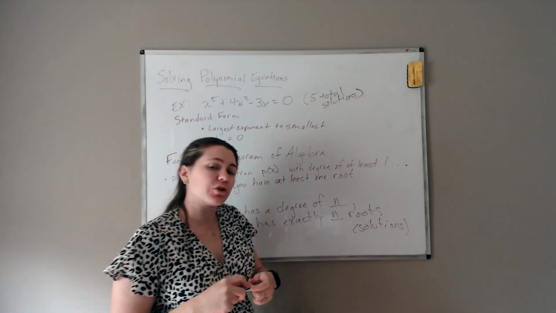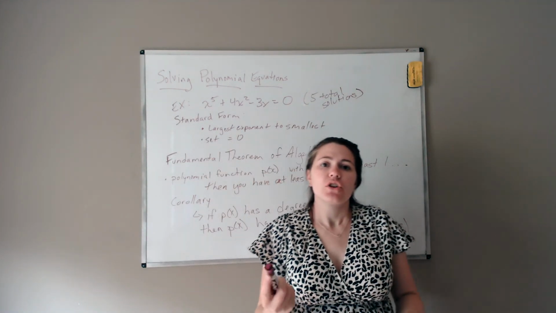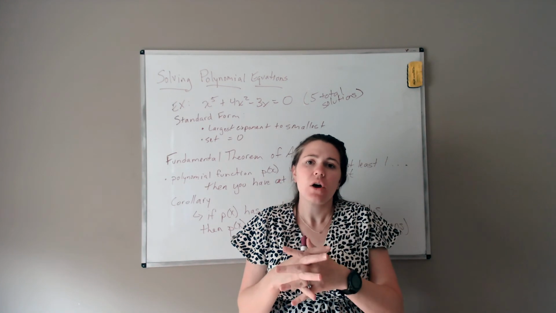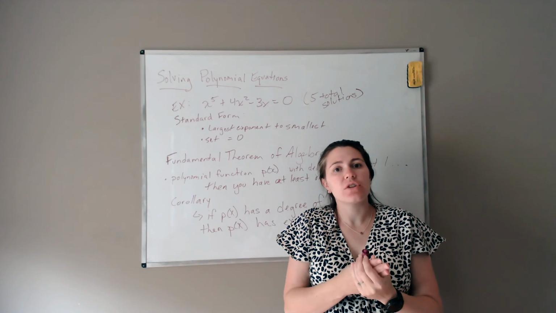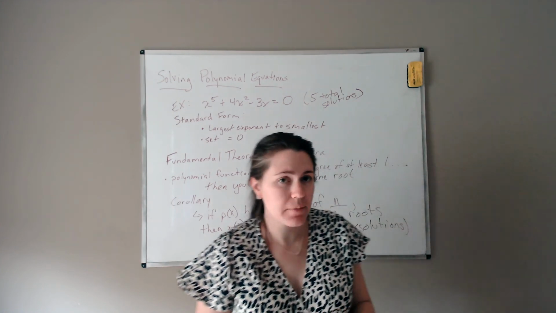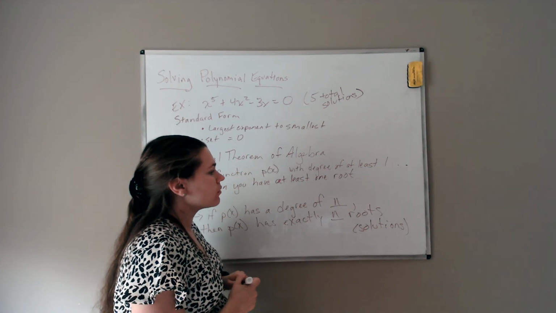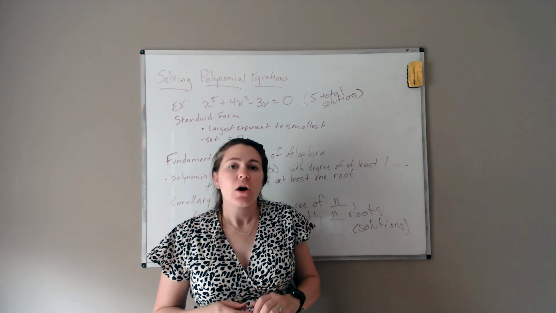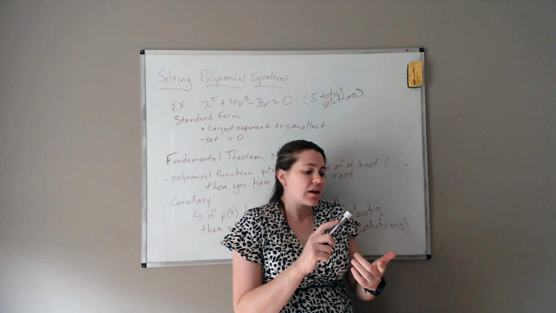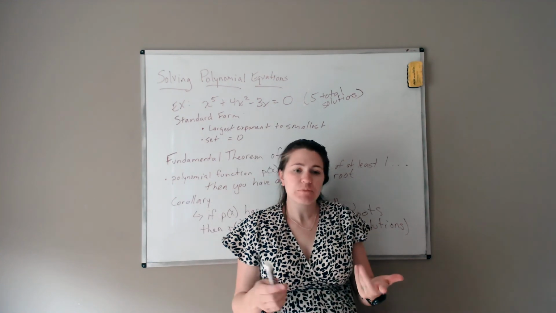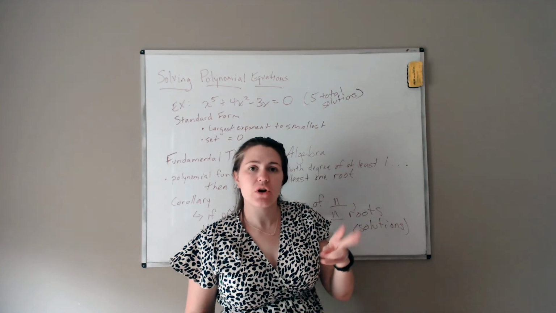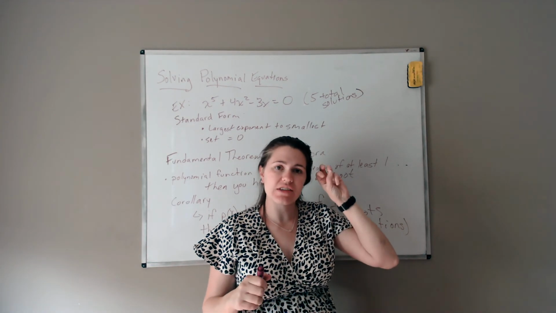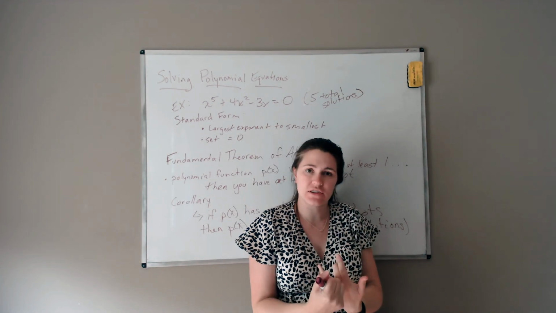But you have to include what's called multiplicity. You can have the same answer more than one time, but that has to be included in your total amount. So, for example, when we were solving a quadratic equation, we were getting 2 real roots, or we were getting 2 imaginary roots, or we were getting just 1 root, but think about it, you were getting the same solution twice.